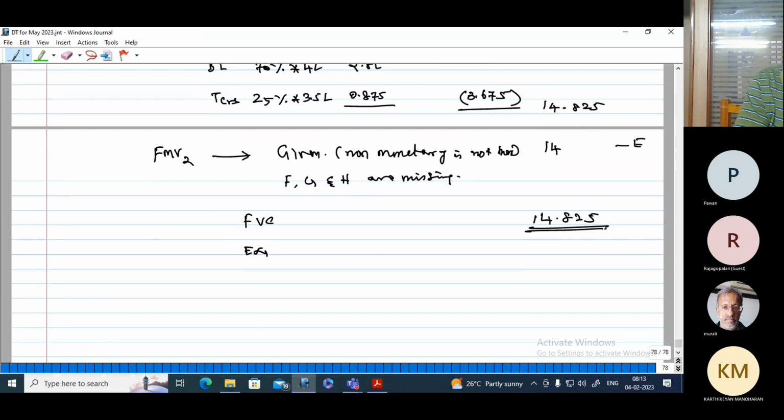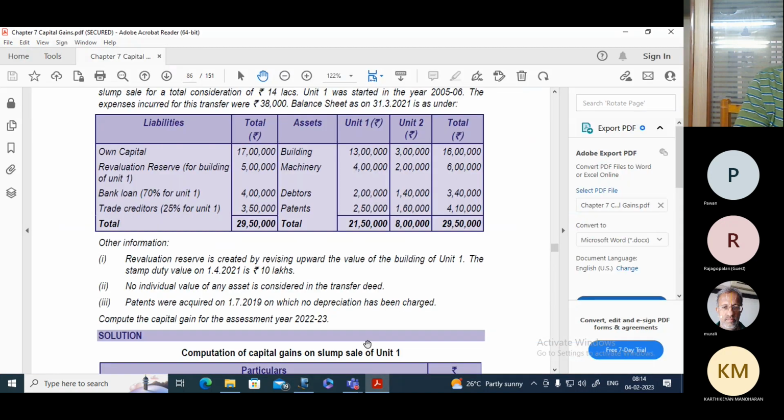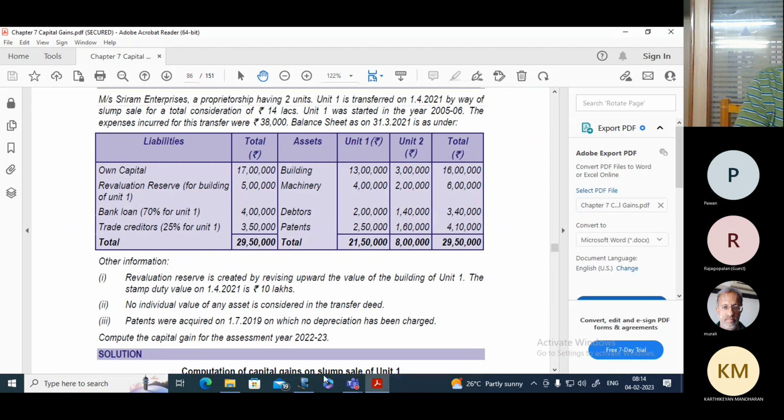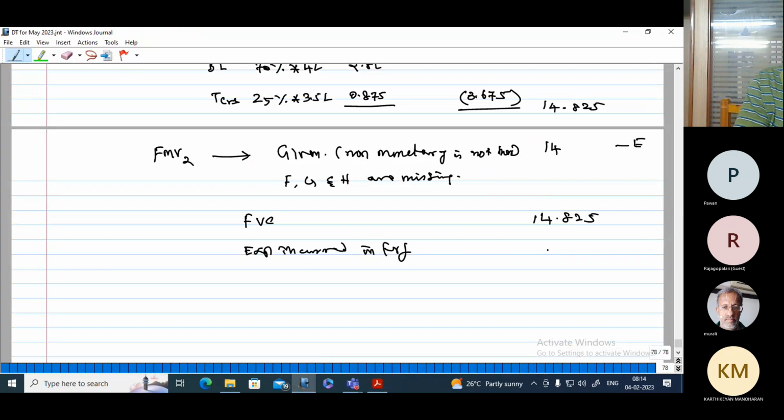Now expenses incurred in transfer. How much is that? 38,000.